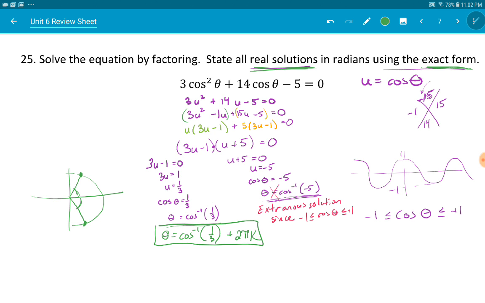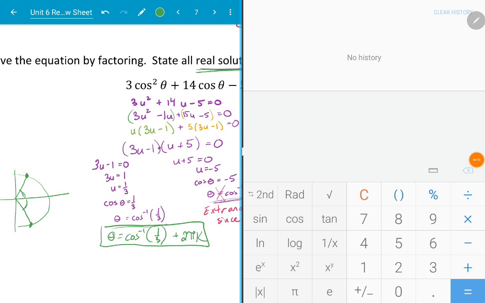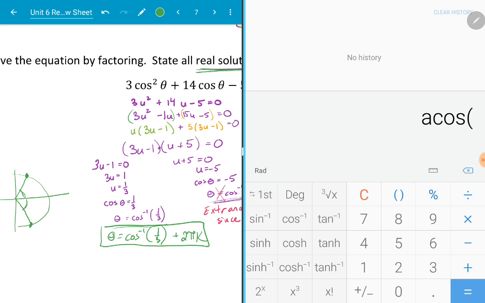So how I do find it is grab my calculator, and I will plug in cosine inverse of 1/3. Make sure you're in radians. So I'm in radians now. And then I go to the second key to get my cosine inverse, or arc cosine, and I want 1/3.